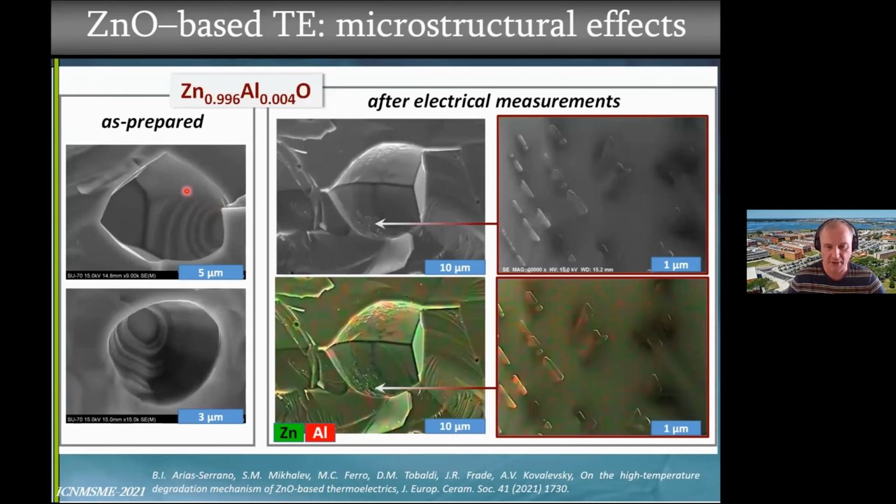Let's take a look at the ceramics before and after electrical measurements. Before electrical measurement, the samples are chemically homogeneous, and after electrical measurements, you can see the formation of significant changes taking place in the pores, namely the formation of aluminium-rich structures, which correspond to the zinc aluminium spinel, ZnAl2O4.